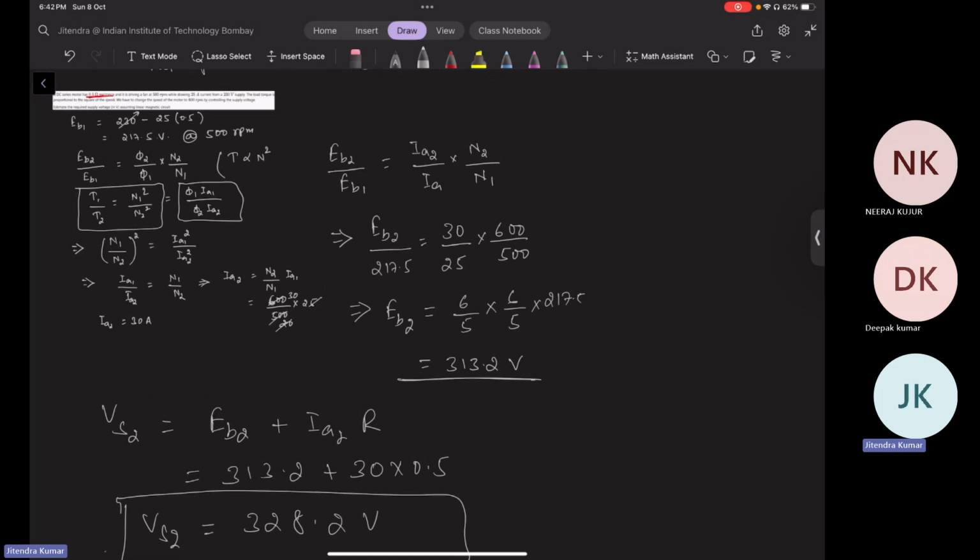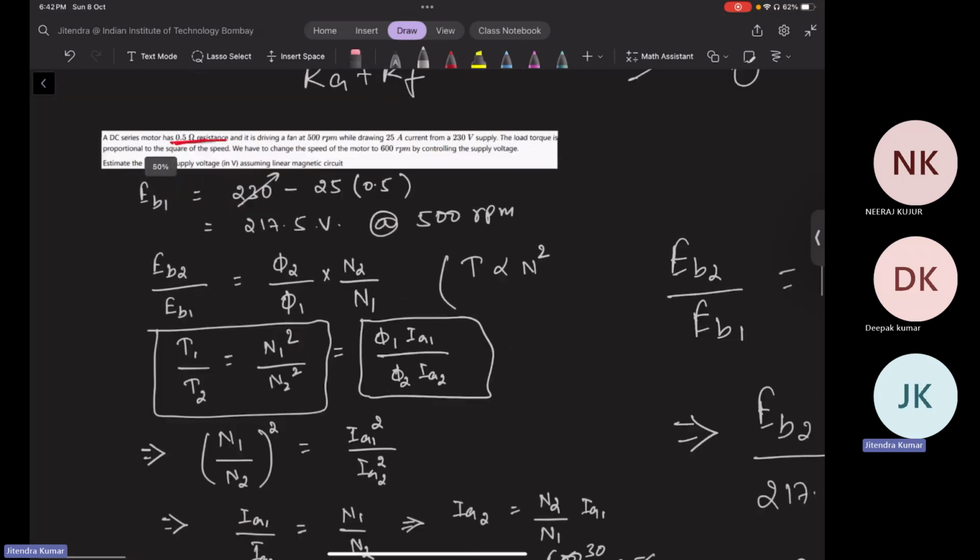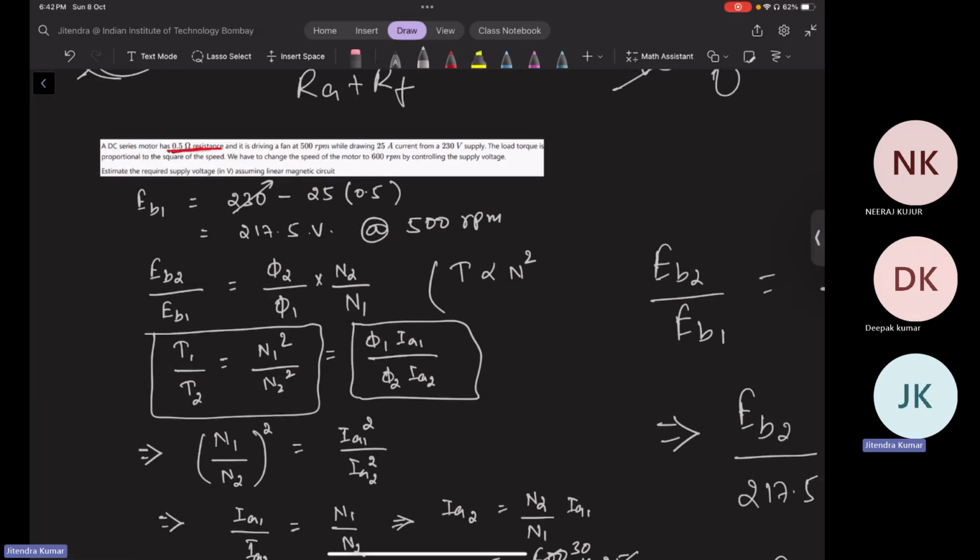No, sir. Okay. And this required voltage was when the circuit is linear. So we have assumed in this problem that we had a linear magnetic circuit.